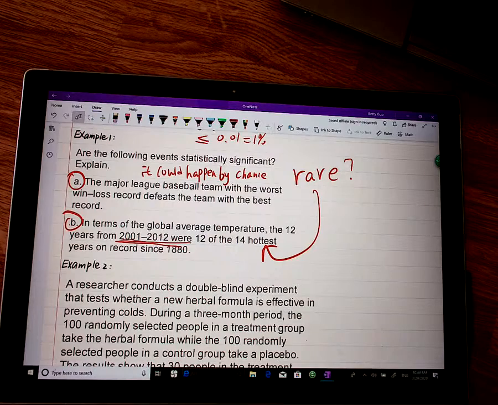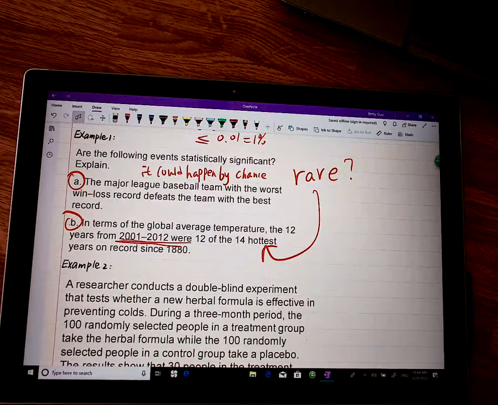I would say if we estimate, that's not very rare. If you watch a lot of games, you might see that's not very rare. So I would say that could happen by chance. So it's not something statistically significant.